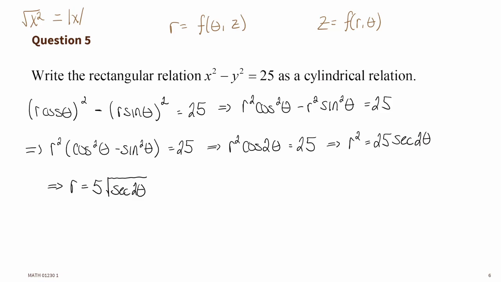Negative numbers. Will secant 2 theta ever be negative? Why? What's that why? If theta is pi over 2, 2 times pi over 2 is pi. Secant of pi is negative 1.